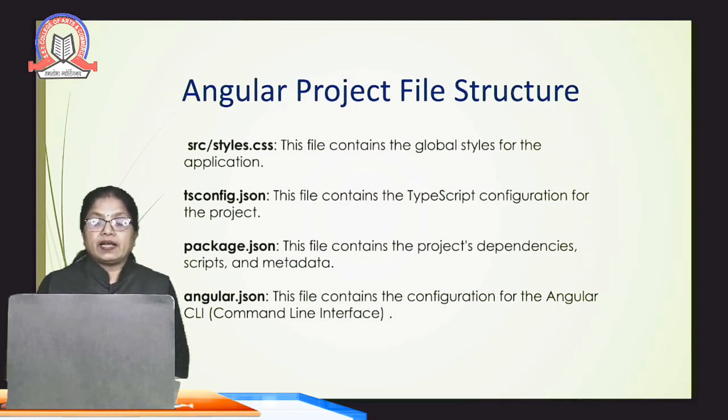This file contains the TypeScript configuration for the project. package.json. This file contains the project's dependencies, scripts, and metadata. angular.json. This file contains the configuration for the Angular CLI. CLI is the command line interface.